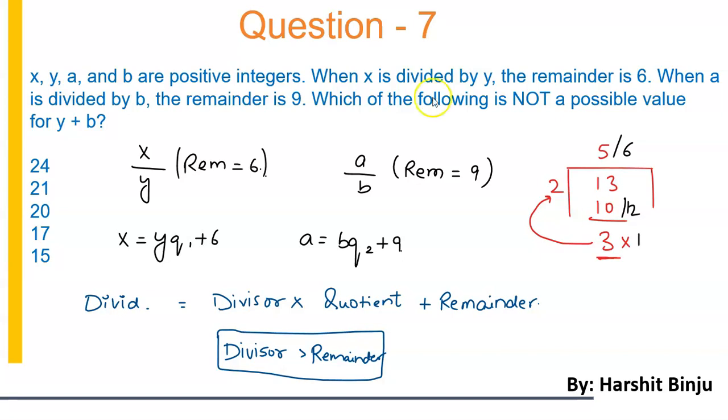Which means you can say that no matter what happens, from the first equation, y will be greater than or equal to 7 or b will be greater than or equal to 10.